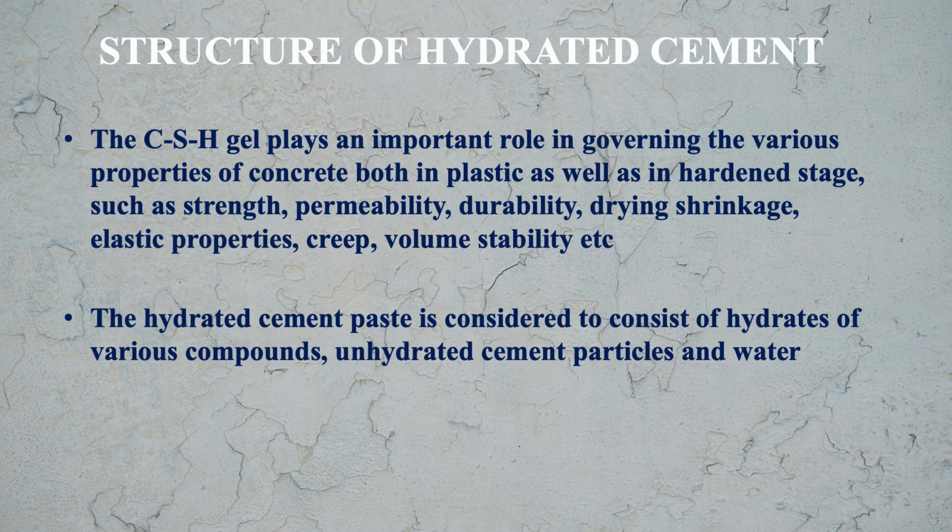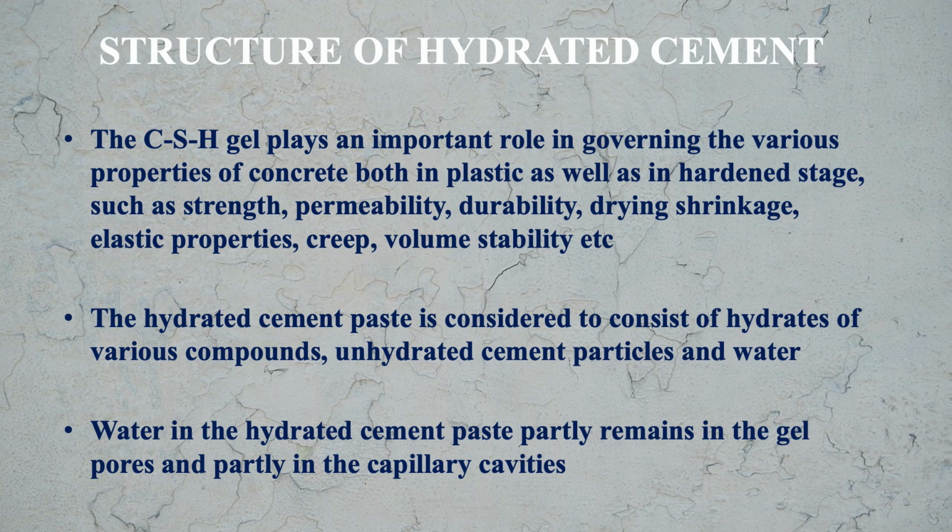The hydrated cement paste is considered to consist of hydrates of various compounds, unhydrated cement particles, and water. Means this hydrated cement paste will have hydrates of various compounds, that is C3A, C3S, C2S, C4AF, and also some unhydrated cement particles and water. So these 3 things are present in the hydrated cement paste.